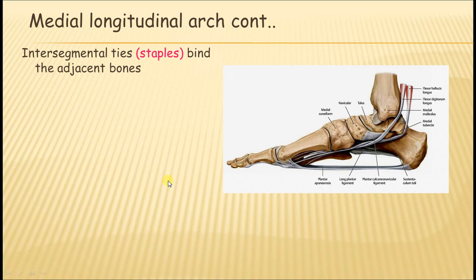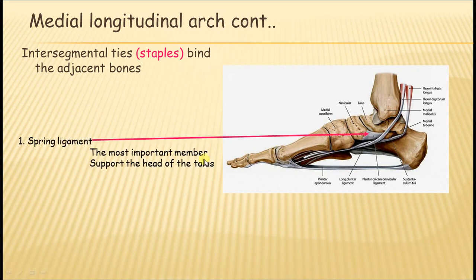So the intersegmental ties: what is holding the bones together? The main thing, as I told you, is the plantar calcaneonavicular ligament or the spring ligament. This is running below the sustentaculum tali, because the whole weight of the talus is resting on this part of the calcaneum, and below the sustentaculum tali it is supported by the spring ligament.